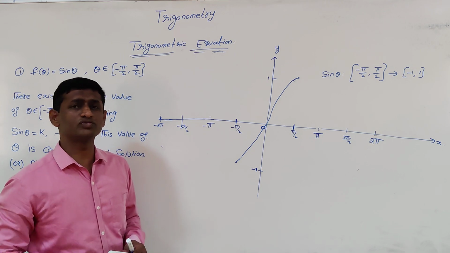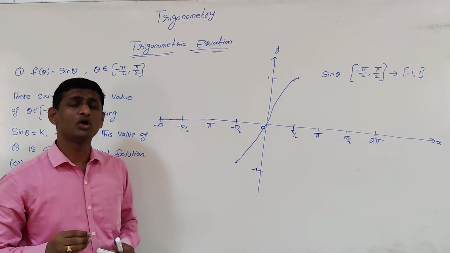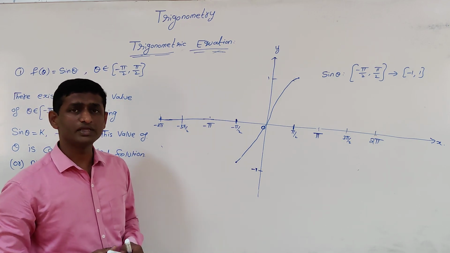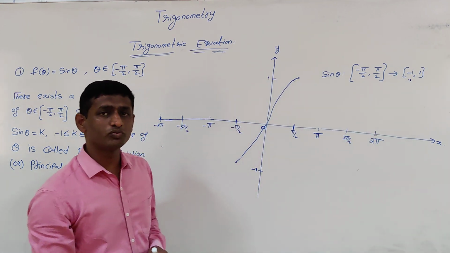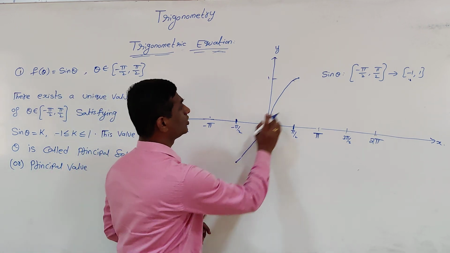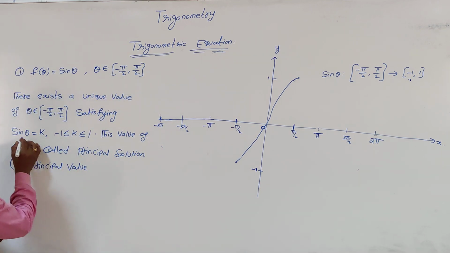So what is a bijective function? It satisfies both one-one and onto. Onto means every element of the codomain -1 to +1 will have a unique pre-image in the closed interval minus pi by 2 comma pi by 2, which satisfies the condition sin theta is equal to k.